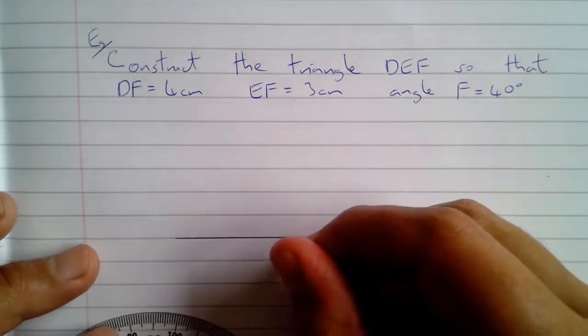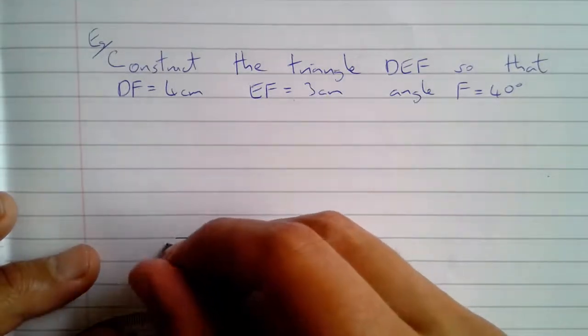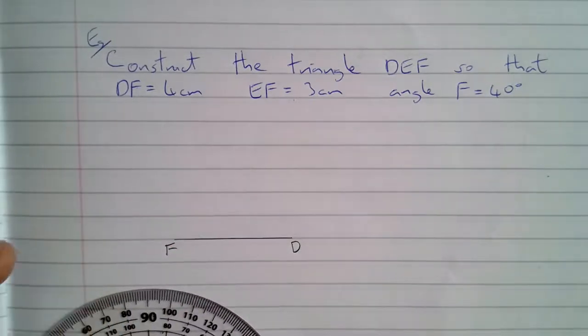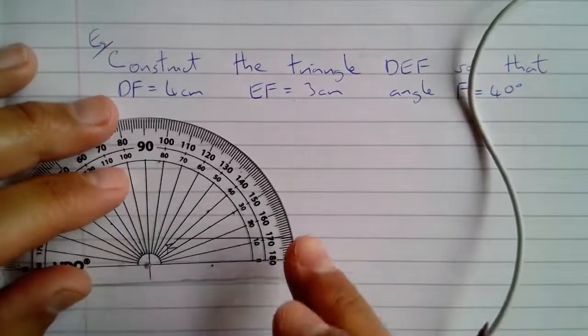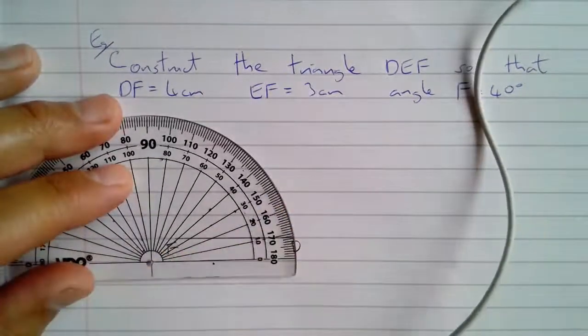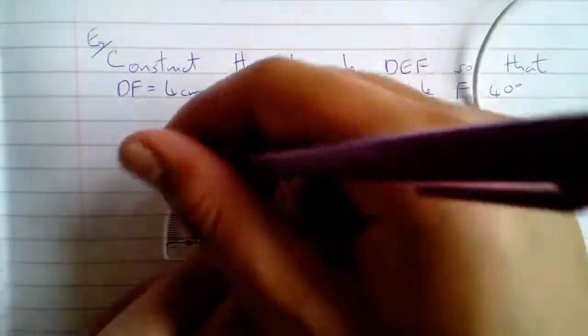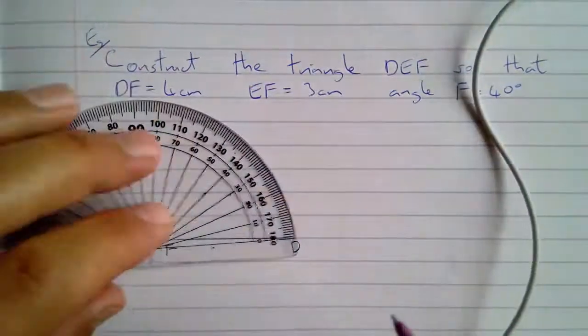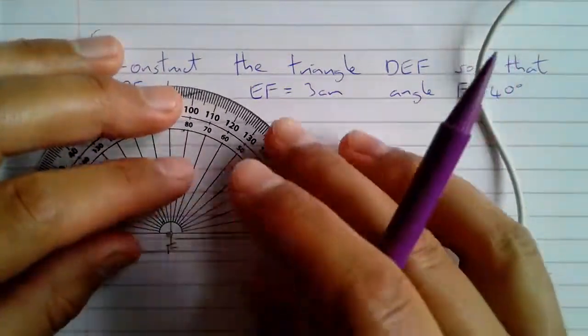I'm going to label this one D and this one F, and that's because in general I like working off this way when I do angles as opposed to going back this way. If you're left-handed, you might want to do the other way around, for instance, but I like working this way.